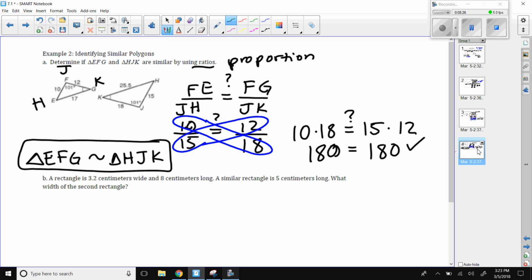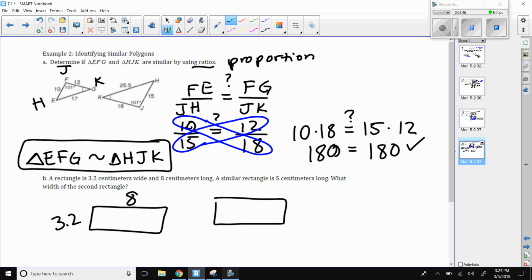Okay, and the last part, a rectangle is 3.2 centimeters wide and 8 centimeters long. A similar rectangle is 5 centimeters long. I'm going to draw these out. So I have 3.2 wide, and I have 8 going this way. And then I have this other rectangle that's 5 long, and we want to know what this is, and we can use X for that.